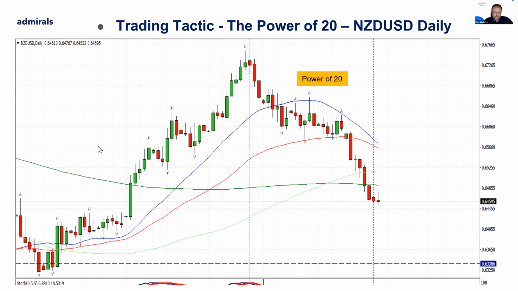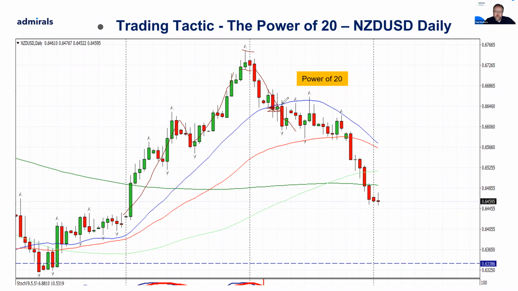And a different example on the Kiwi dollar, on the daily chart. Let's get the old drawing tool up here. Price rallies up, puts in a shooting star to signify a possible top, and then we see price just fall away, and then it gets beneath the 20. On that day, the price closes beneath the 20.